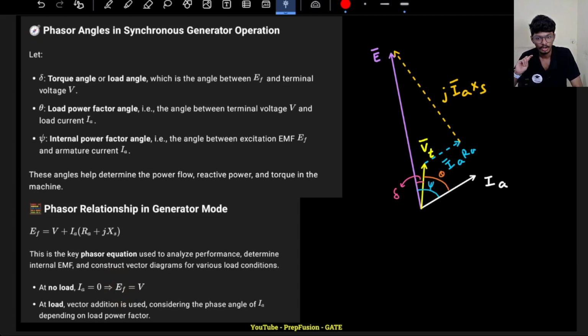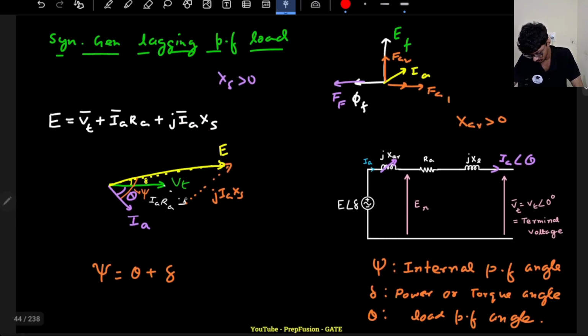Now let's try to understand how I can find out the magnitude of E. I want to find the magnitude of E with respect to Vt, Ia and cos theta. What we can do is break this Vt component along two directions.